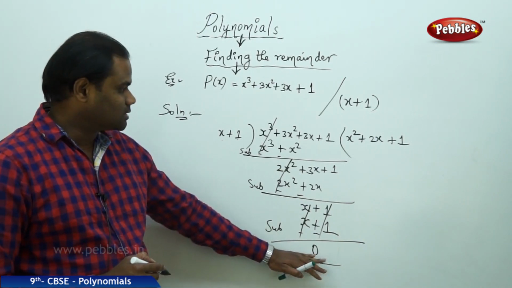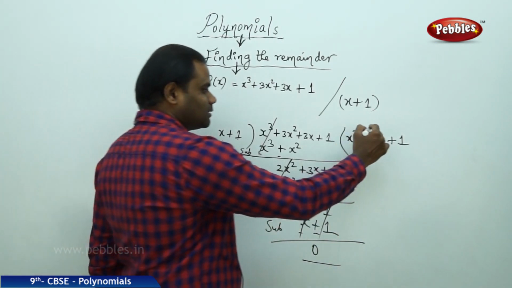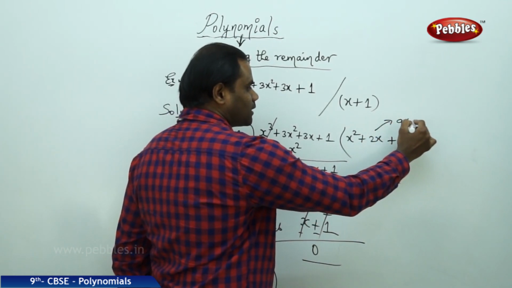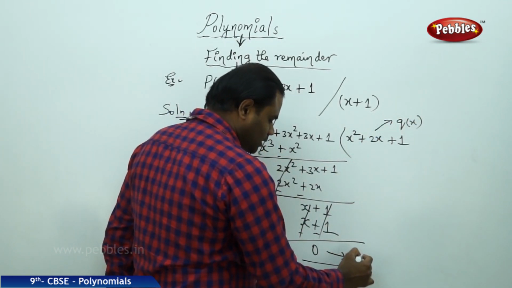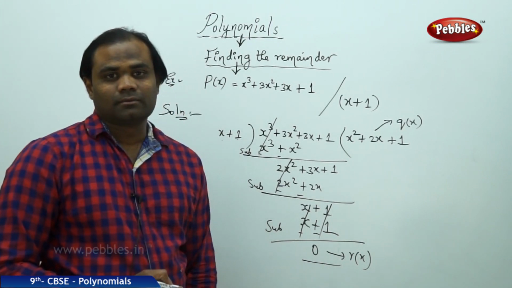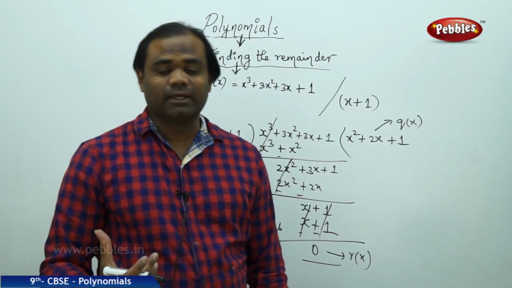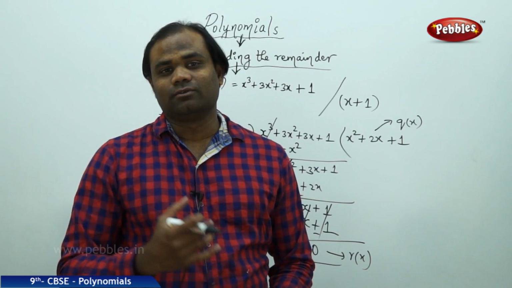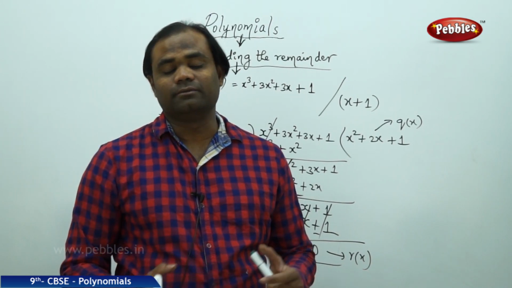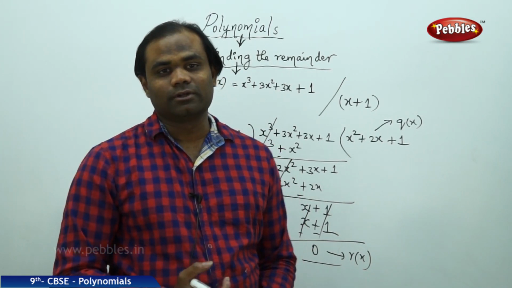So at the end of this, I understand that this is my q of x and this is my r of x. That is how we identify the remainder and the quotient for the given polynomials divided with each other. This is what we call the long division method.